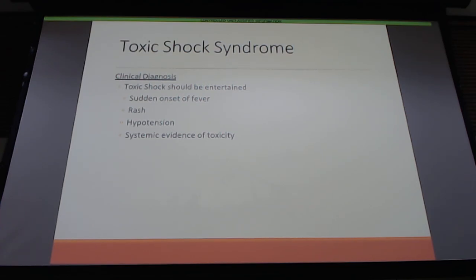So any device that could harbor a staph that they leave in their vaginal canal for long periods of time can lead to this. It's not just tampon use. All right? That's why asking those HPI questions about what they're doing is extremely important to kind of figure out what's going on here. All right?